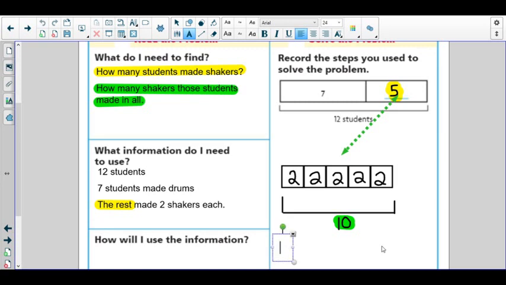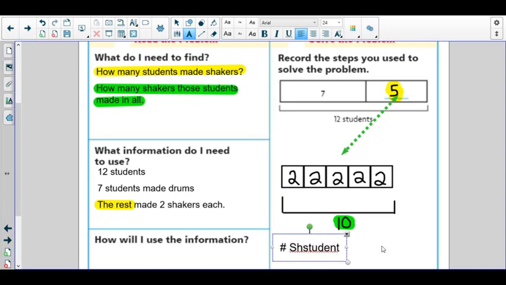What we needed to do first of all was figure out how many students were making the shakers. So what we had to start with were 12 students, and then we subtracted the other 7, because 7 of them made drums. And actually, what we can do right here, we'll call this the number of shaker students.